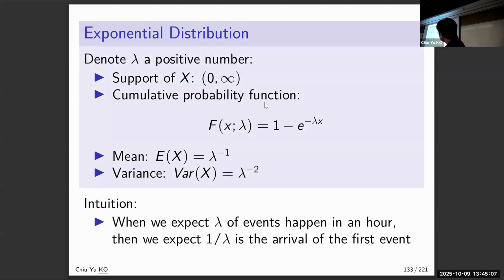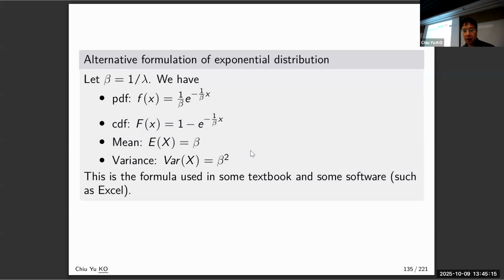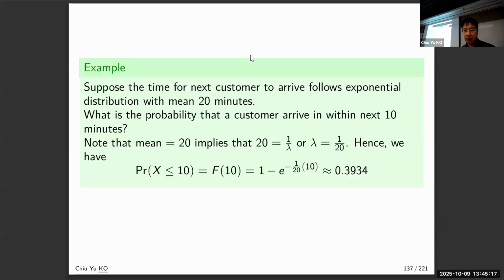And this is the formula, and look at the mean is 1 over lambda, and the variance is 1 over lambda square. And that is how you calculate it given a mean of 20 minutes. Once you have that, you can calculate the lambda, because lambda is 1 over 20.